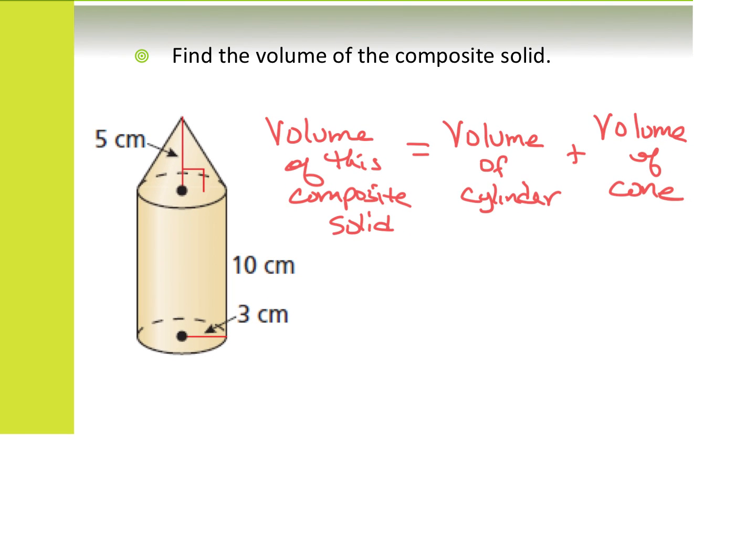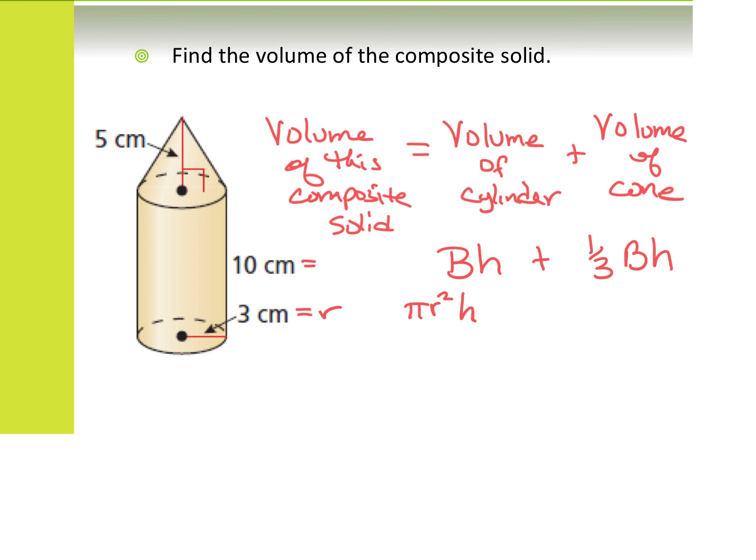So for the volume of the cylinder, remember it's just base times height. This one's 1/3 base times height. The base of the cylinder is a circle, so pi r squared times the height. Let's label these numbers. So the 3 is the radius.